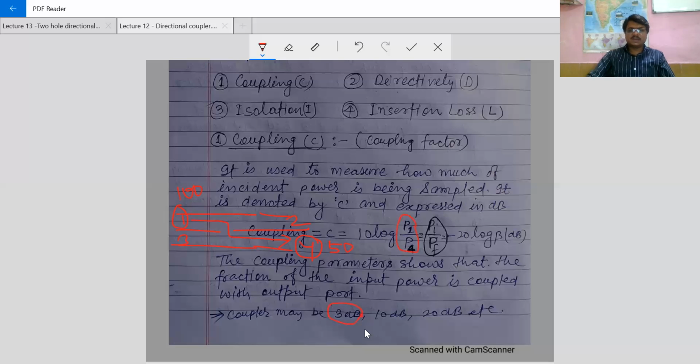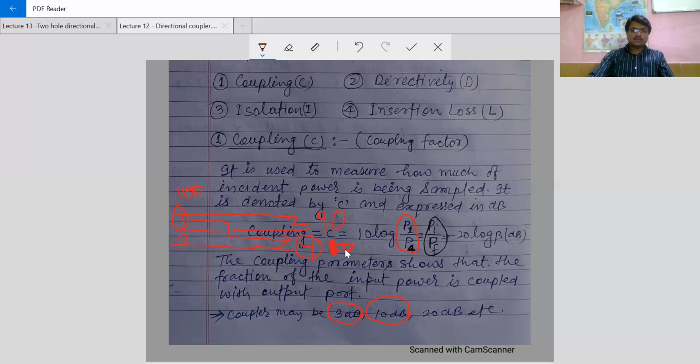So what is a 10 dB coupler? A 10 dB coupler is when 100 watt power is given to port 1 and only 10% of the power, meaning 10 watt, is coupled at port 4, and the rest, 90% of the power, goes to port 2.